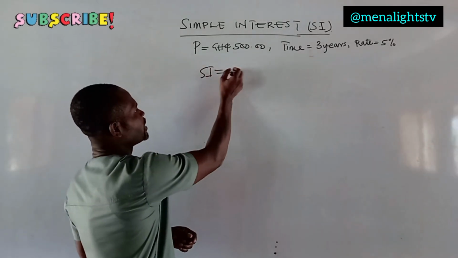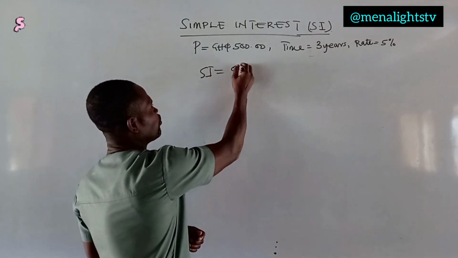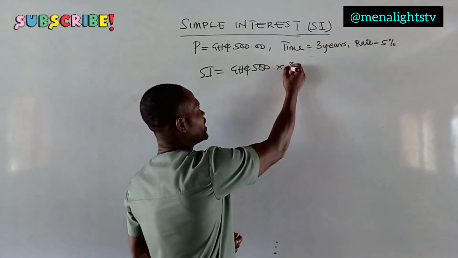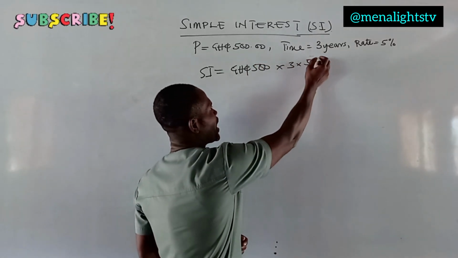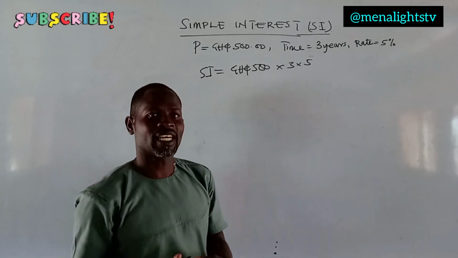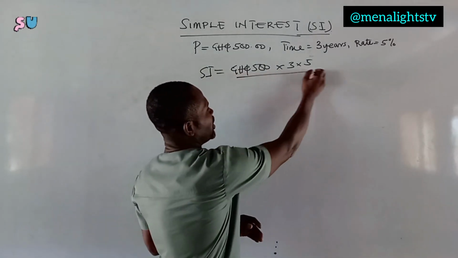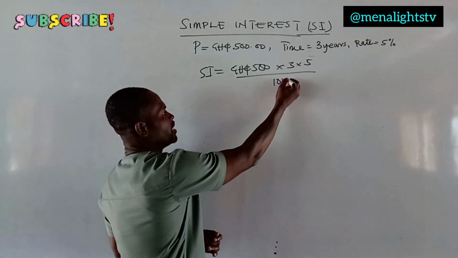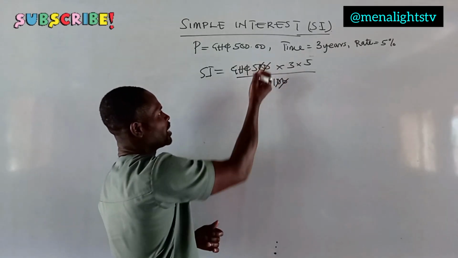So interest is the principal, which is 500 cedis, times the time, 3 years, times the rate, 5%. That 5% is 5 over 100, that is why we have the 100 here. From here, these two zeros can do away with the 100.